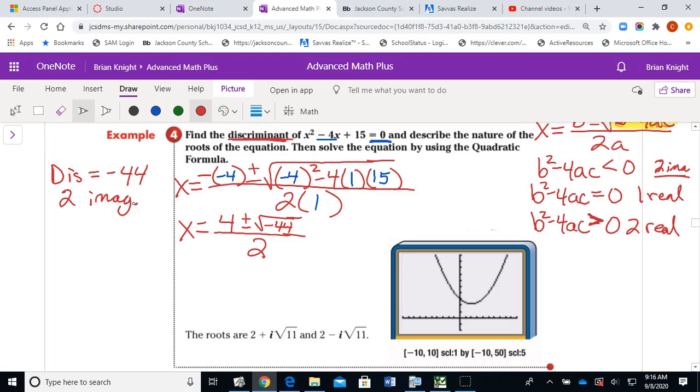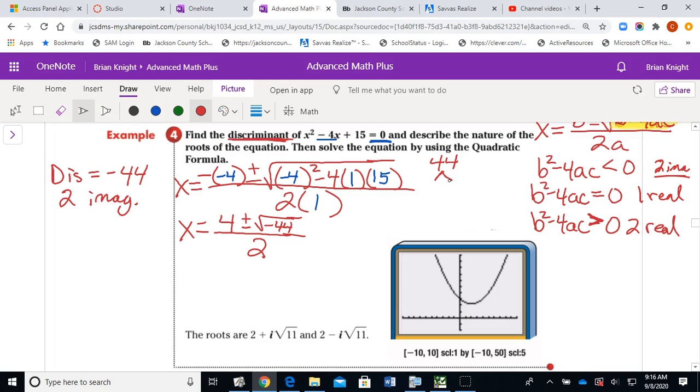Okay, so to solve it, all we have to do is simplify this. I know since it's negative, what am I going to pull out front? An i. Okay, can I reduce the square root of 44? I think so. I don't know how your teacher taught you, or if your teacher taught you at all, but I'm going to show you.